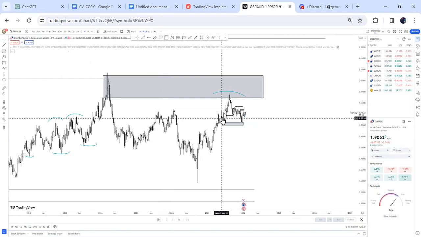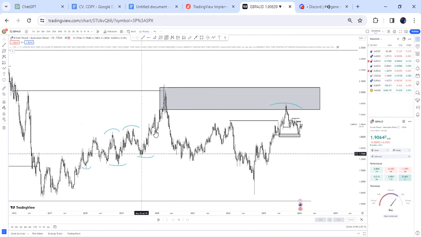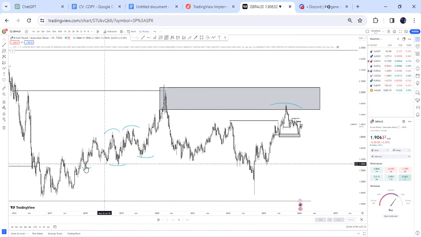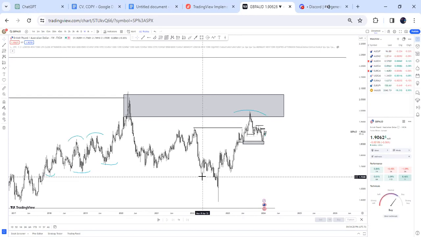Now looking at this, we have swept what? Liquidity to the left. We have broken 1, 2, 3, 4 structural points. So that can stand for us as a break of structure. A break of structure has taken place.